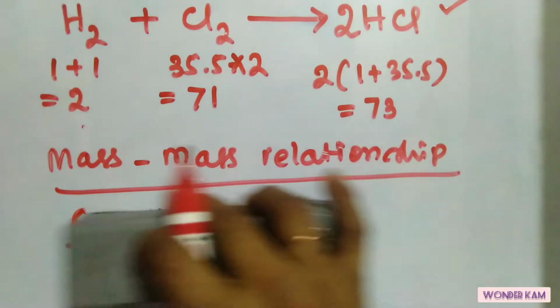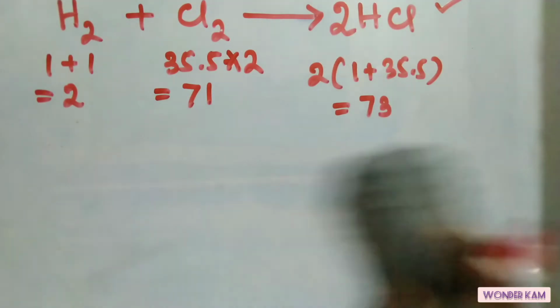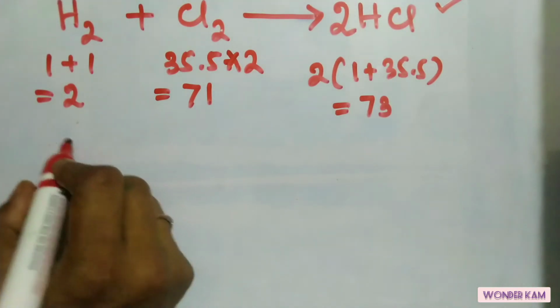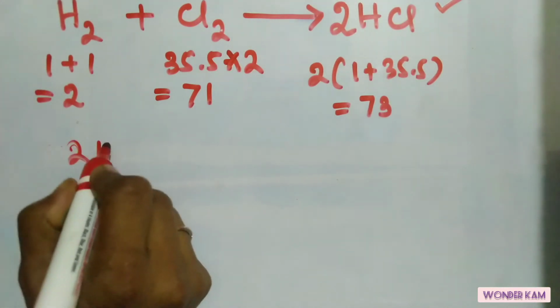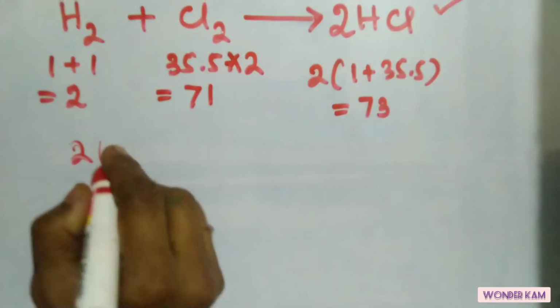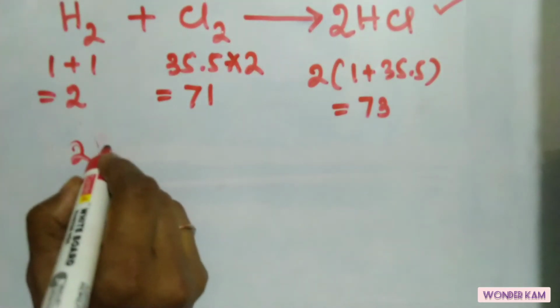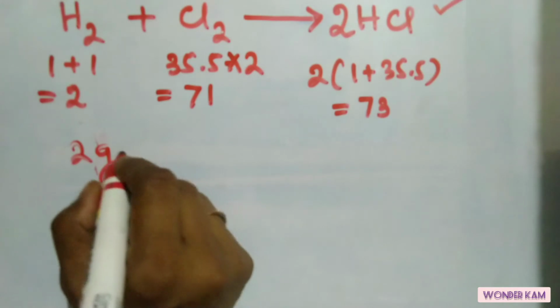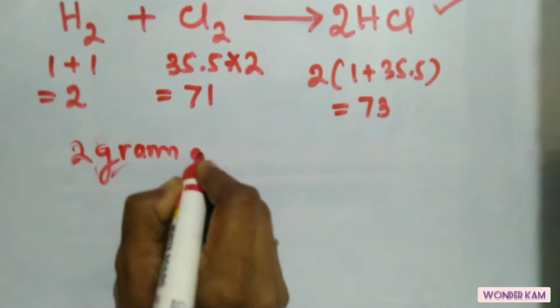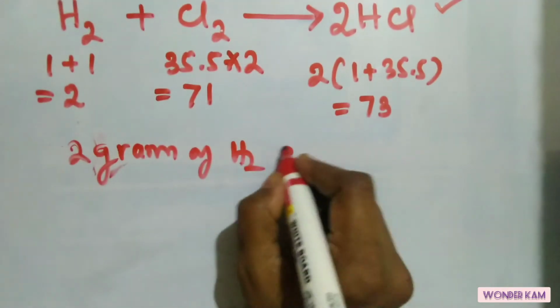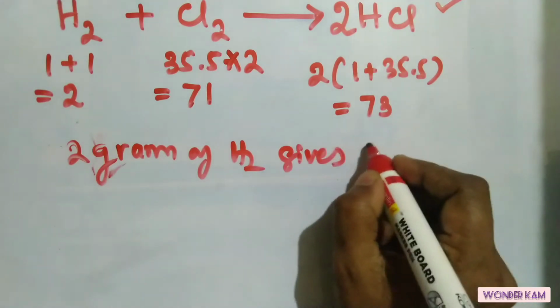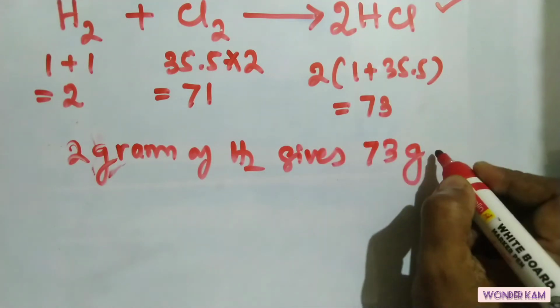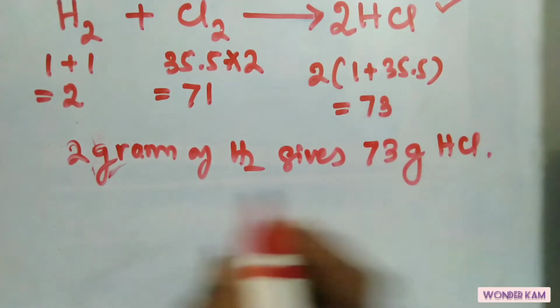We write 2 grams of hydrogen gives 73 grams of hydrogen chloride.